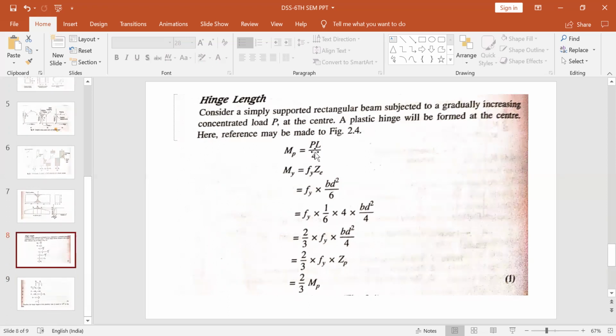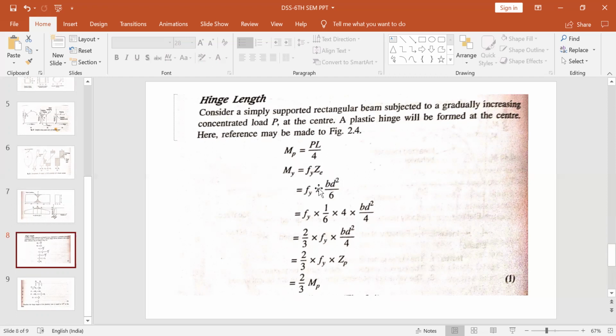So here the load is P, so PL by 4. My is Fy into ZE. You know this formula: moment is bending stress into section modulus, which you have learned in strength of materials, the bending equation.